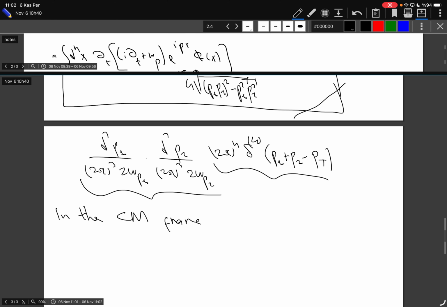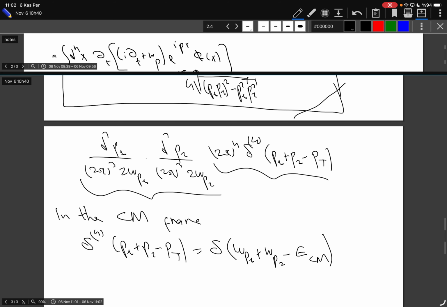Well, in the center of mass frame, that Dirac delta will be equal to, the zero components will give me omega P1 plus omega P2 minus energy in the center of mass frame times the three-dimensional Dirac delta of P1 plus P2.